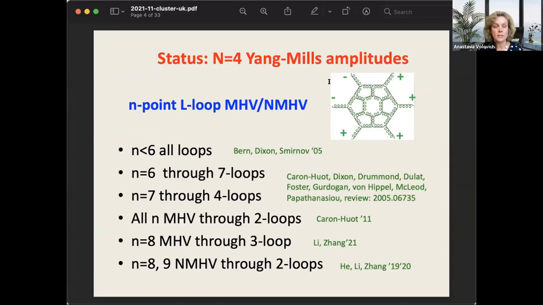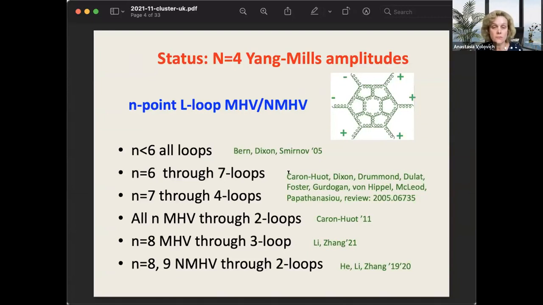It turns out that 4 and 5-point amplitudes are known to all loop orders, and they've been known for 15 years. Now, the interesting things start happening at 6 and 7 points. The 6-point amplitudes have been computed through 7 loops, and 7-point amplitudes through 4 loops.